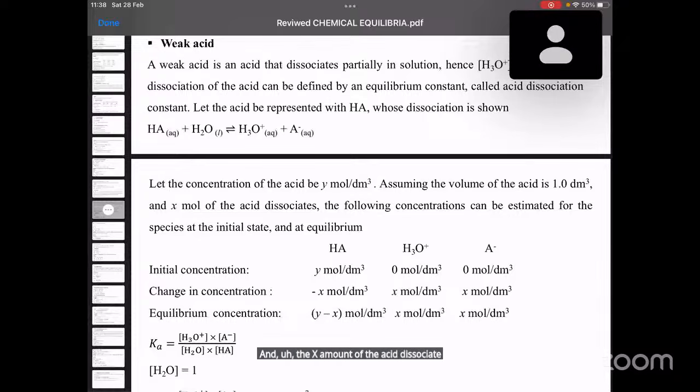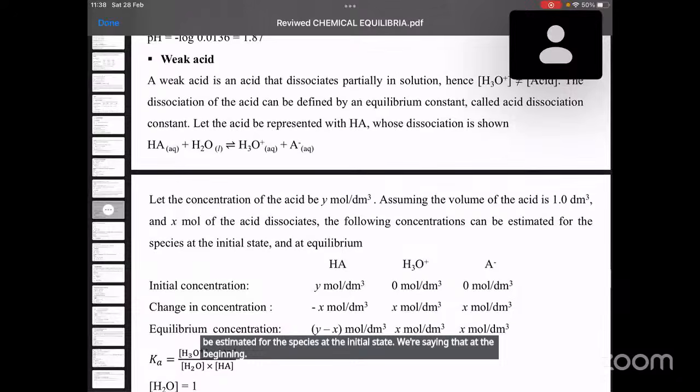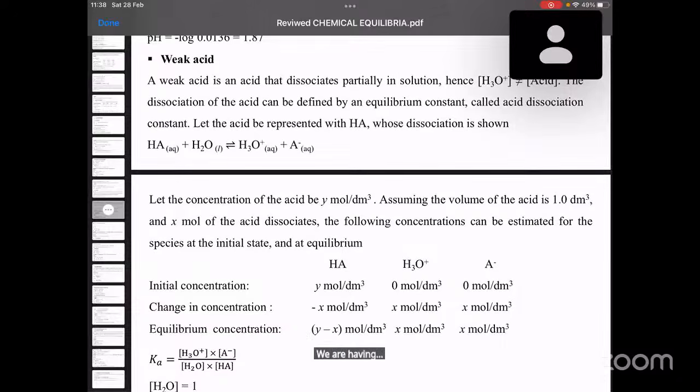The following concentration can be estimated for the species at the initial state. We're saying that at the beginning, we are having Y mole of the undissociated acid, 0 mole of hydrogen ion, 0 mole of the anion also.